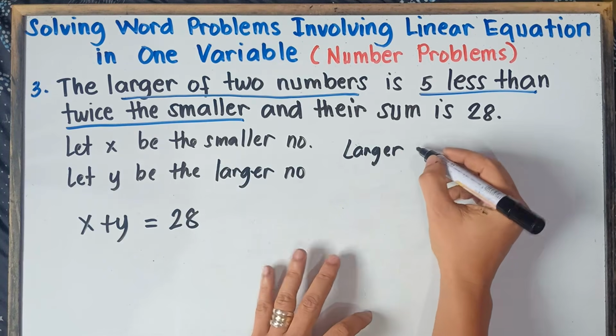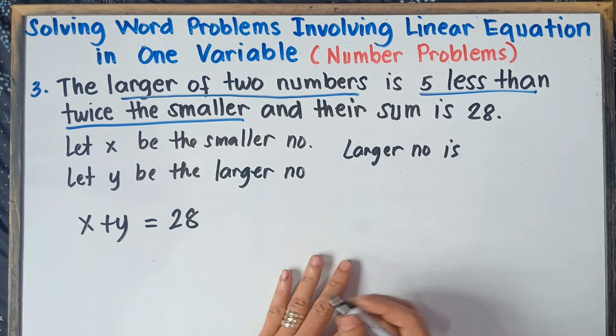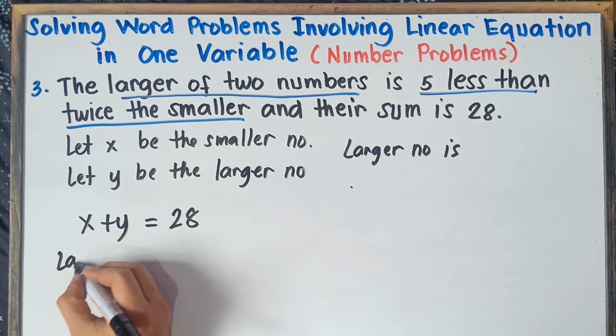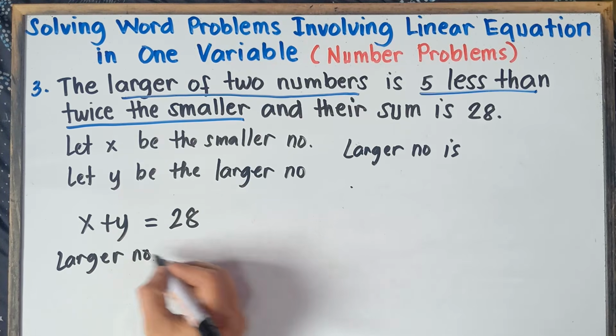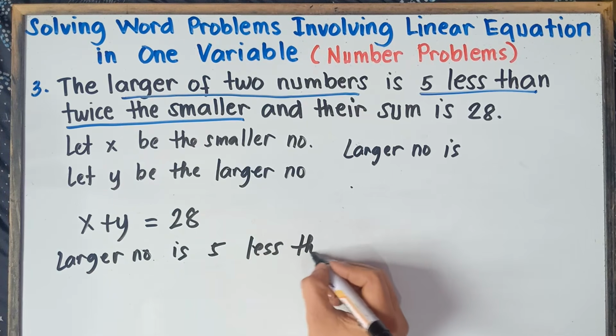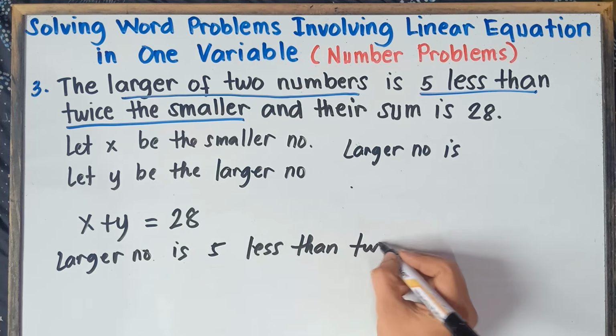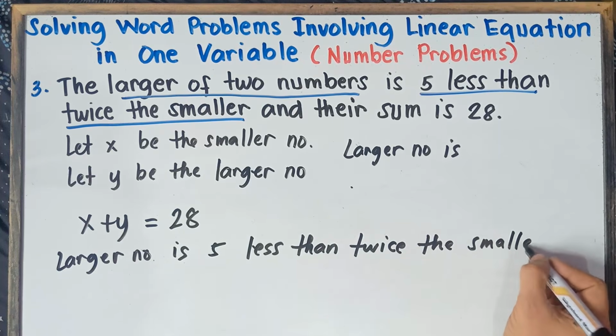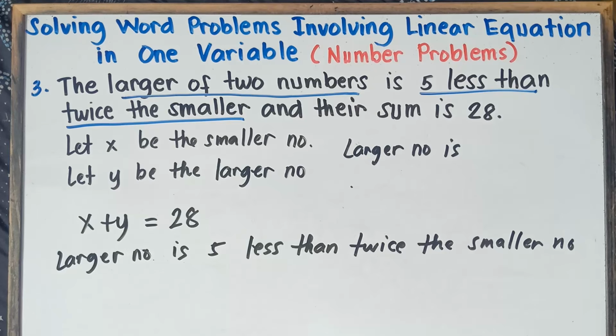Let me just write it here: the larger number is 5 less than twice the smaller number. I hope it's clear for you, class. Let me explain this one, because if you master translating mathematical phrases into mathematical equations, I'm sure it's very easy to translate this one.